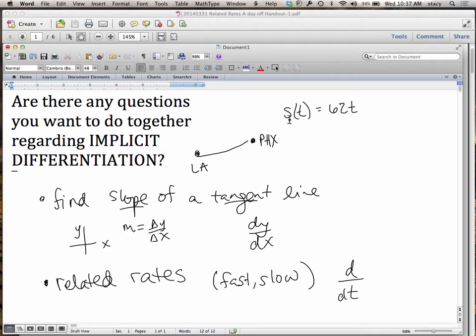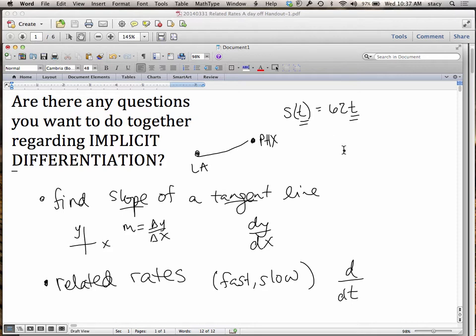But this is a function that gives my position from Phoenix to LA explicitly in terms of time. So when I look at this function, it would be really easy for me to talk about the rate of change or the speed because I'm already throwing time at you, right? But in other situations, or even in this situation, it might not be as explicit. I'm making it explicit because I want an example.